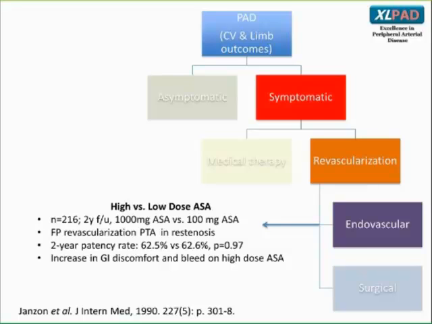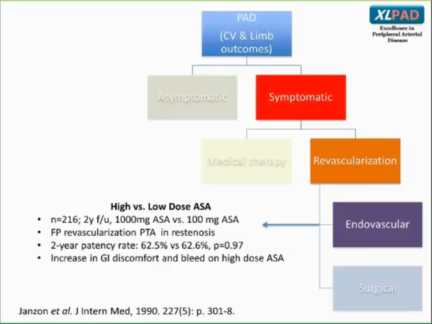And this was a small analysis of 216 patients who were randomly assigned to high dose versus low dose aspirin with a 2-year follow-up after femoral popliteal revascularization for patients presenting selectively with restenosis after prior angioplasty. There was no stenting in those days in the infrainguinal arteries.